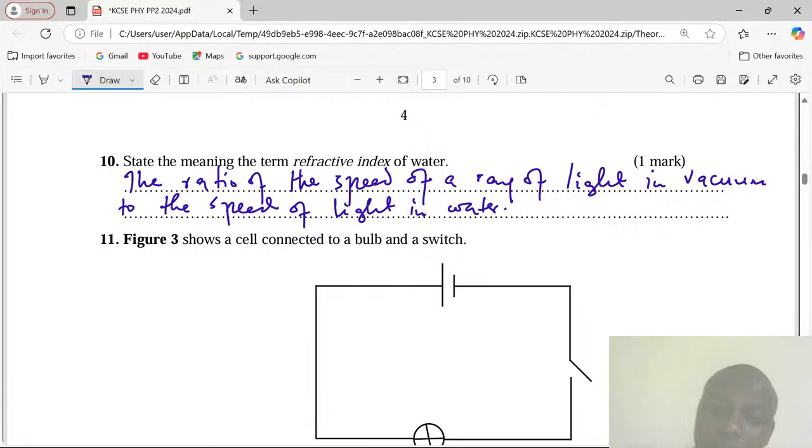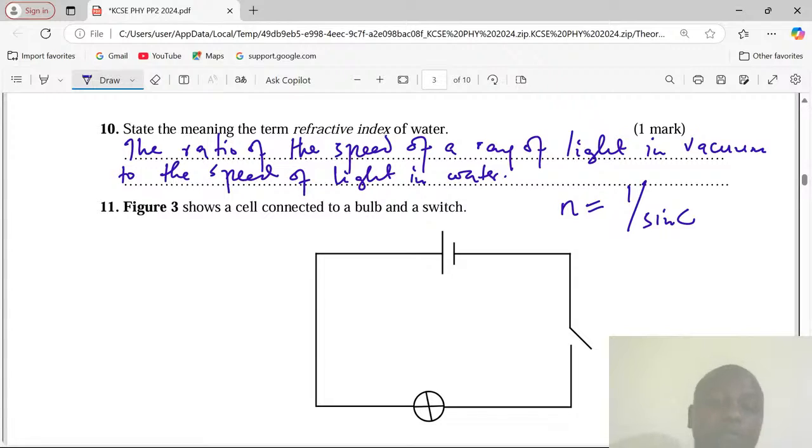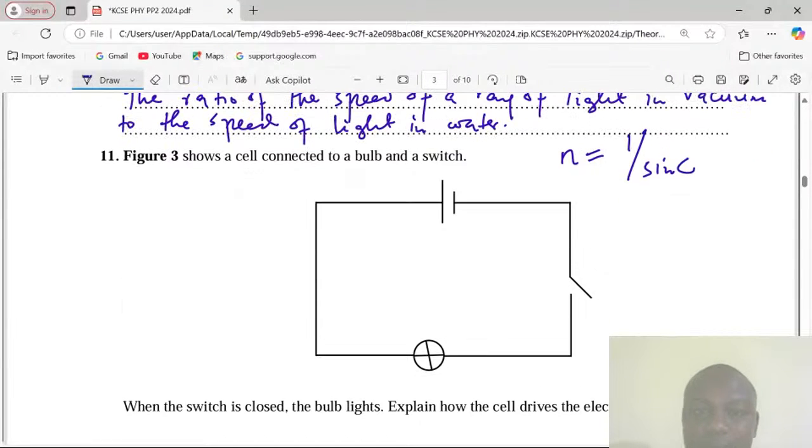So the refractive index can also be given by 1 over sine c, whereby small letter c is the critical angle. We can also use real and apparent depth. If you put something in a water medium and observe keenly, you discover that when you take the ratio of real depth divided by apparent depth in pure or transparent water, such a ratio also gives us the refractive index of water.